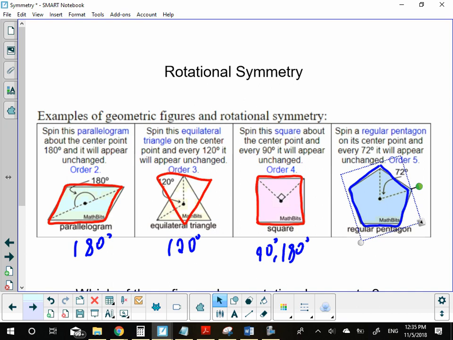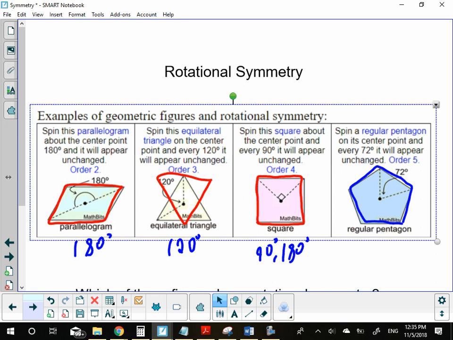So that was a 72 degree rotation. Rotate again. That's a 144 degree rotation. Rotate again. That would be 216.